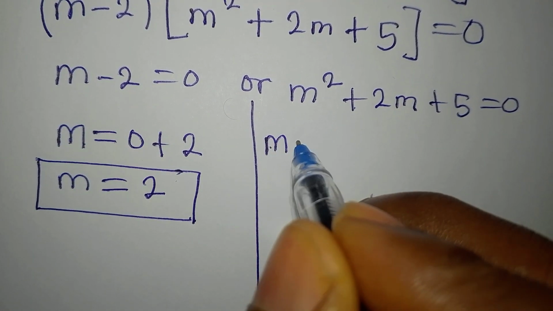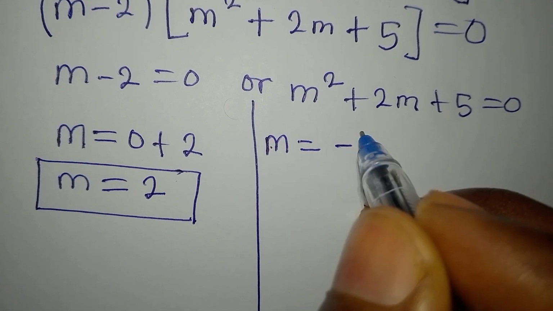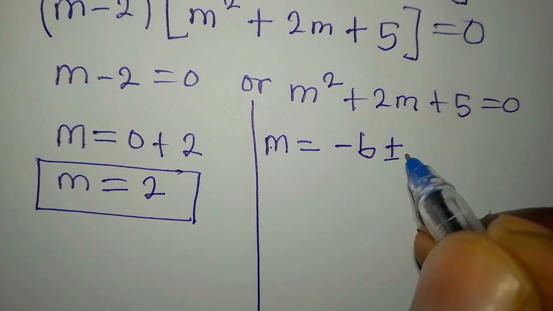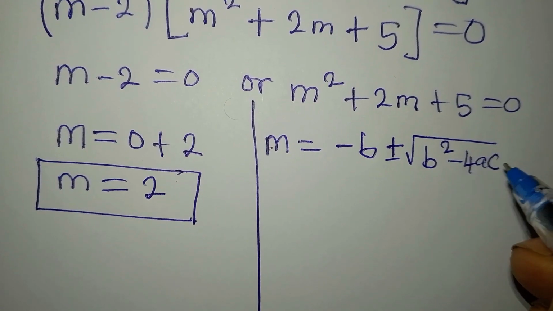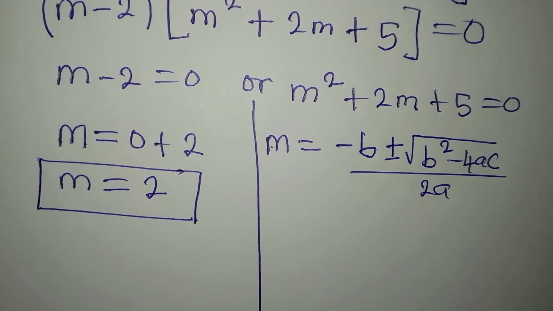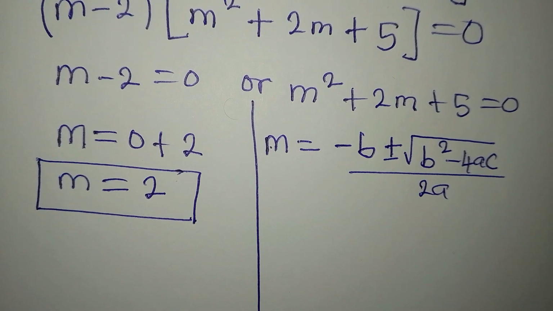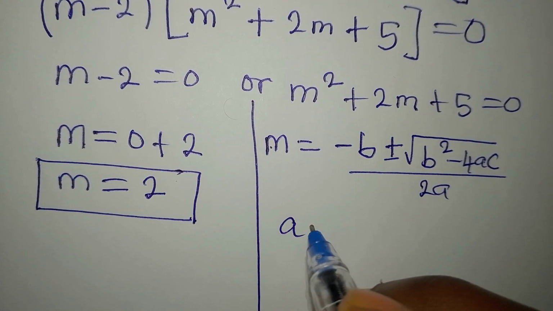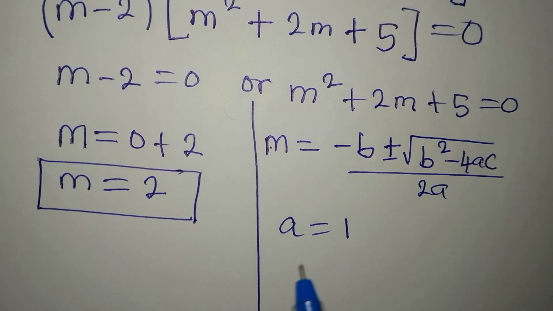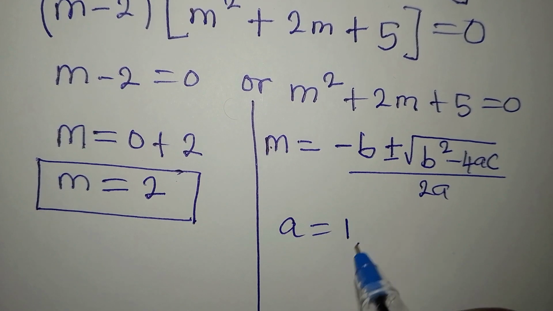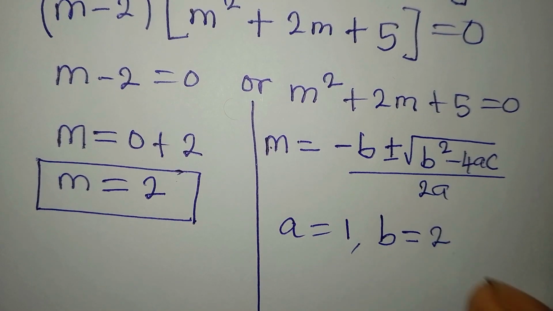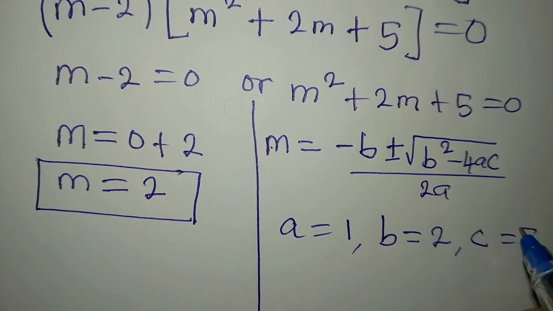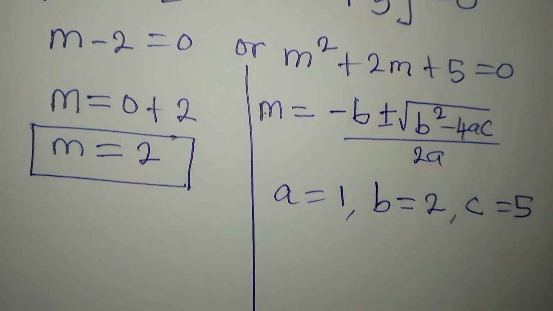So for the formula, our m will be minus b plus or minus square root of b squared minus 4ac, all over 2 times a. Now, our a is 1, that is the coefficient of m squared. Our b is 2, coefficient of m, and c is 5, the constant.